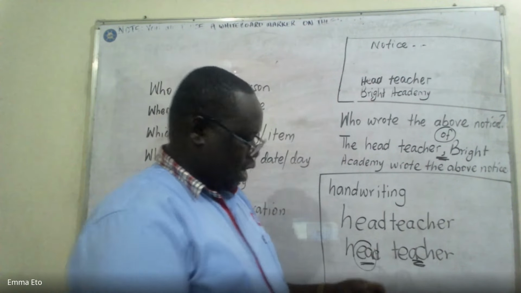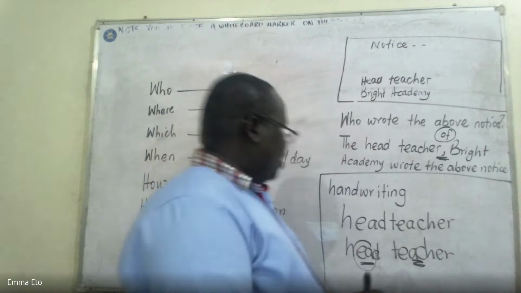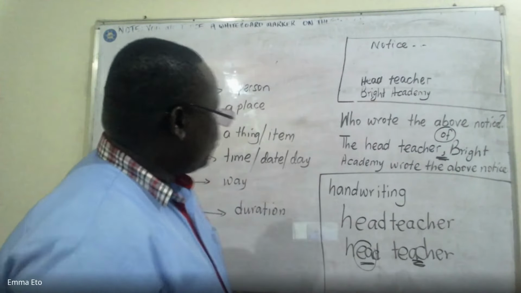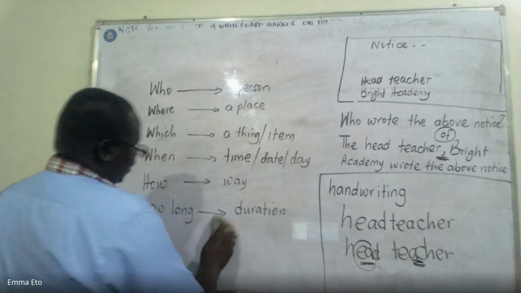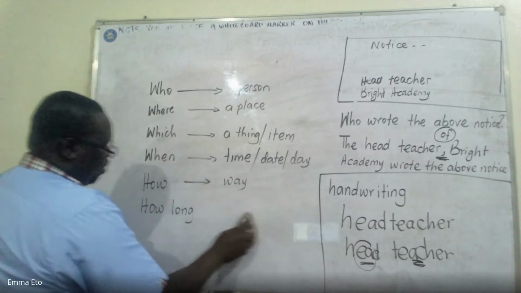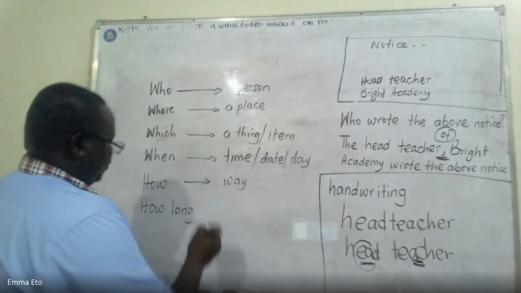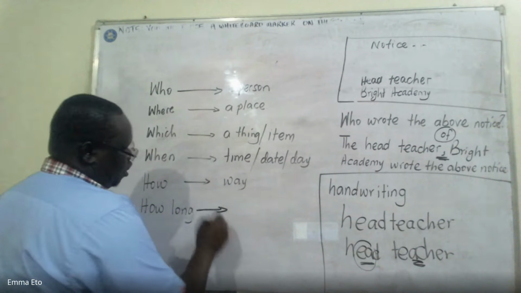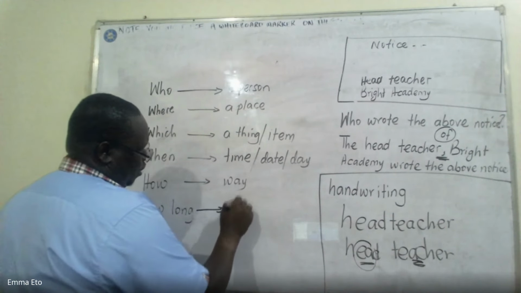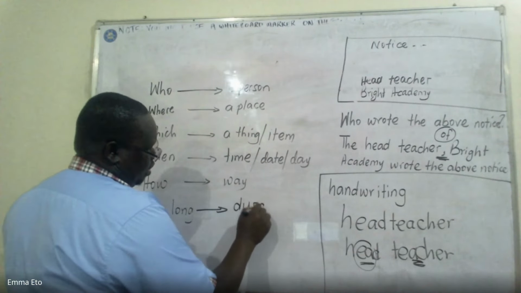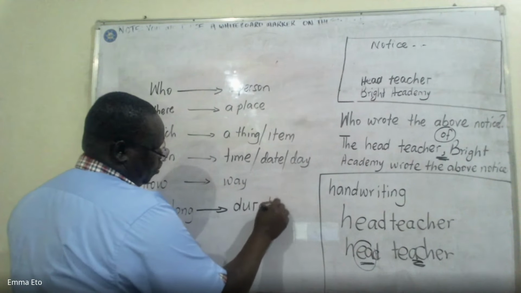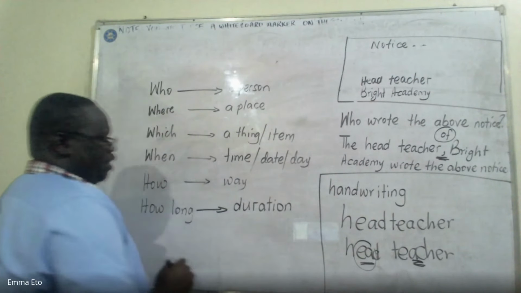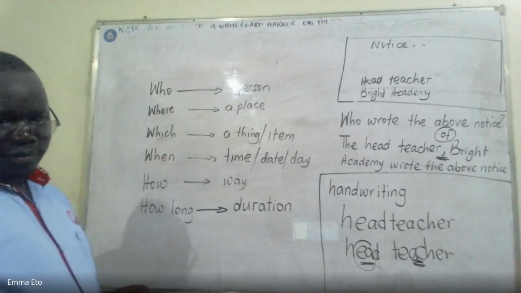Two, unnecessary spacing of letters. I am writing the word duration, which is written like this, with the normal spacing of my letters.